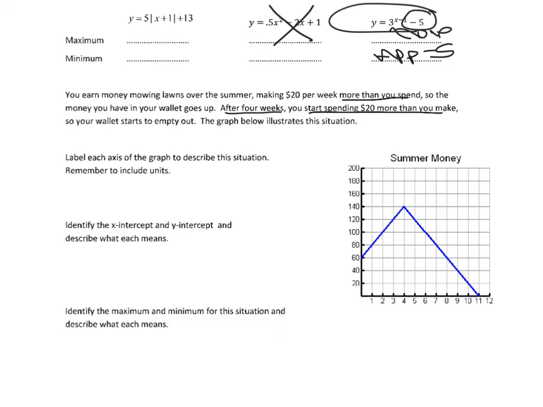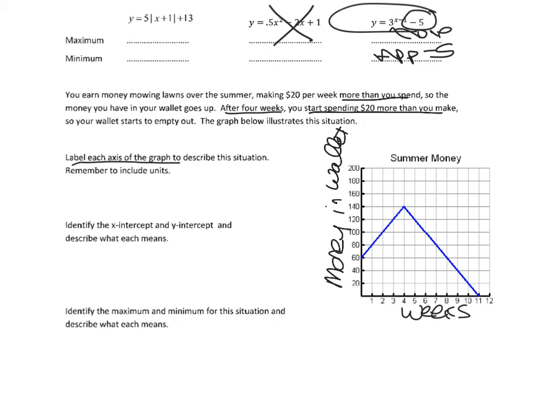All right, so it says first label each axis. Okay, so I always say that X is your independent variable, right? So it's usually dealing with time. So we're going to say that this is your number of weeks. All right, and this on the side is going to be the money in your wallet.